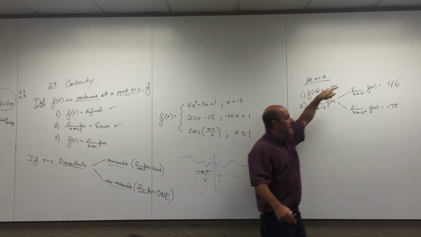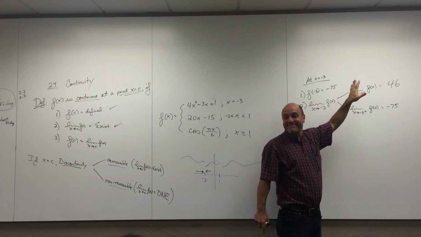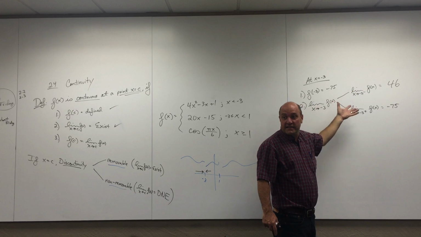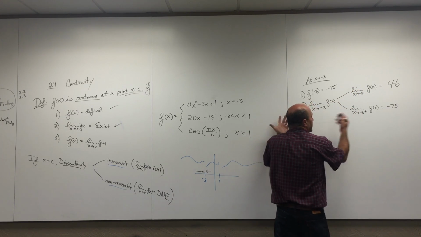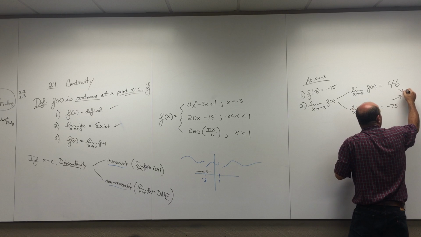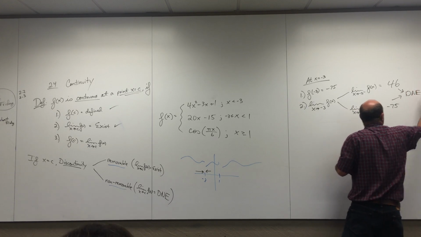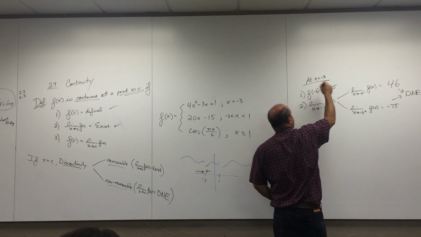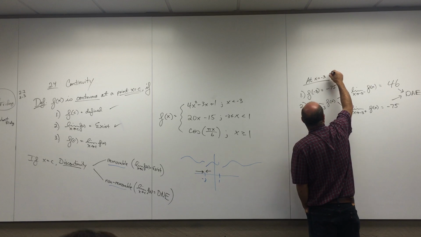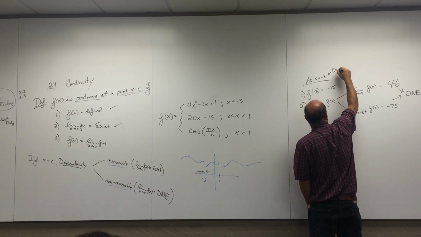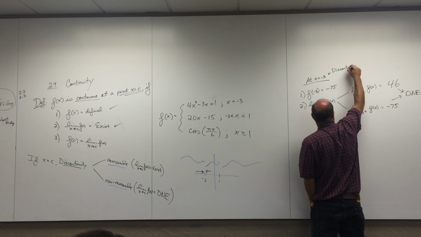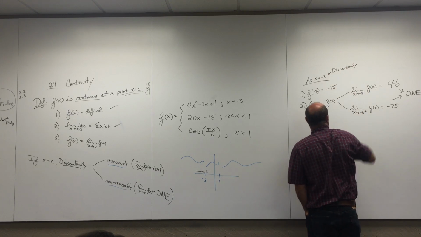And since the left and the right aren't the same, the limit does not exist. And so, good, it does not exist, and I don't have to go any further. I can go up here now and say at x equals negative 3, it is a discontinuity. I just discovered there's a discontinuity at x equals negative 3.